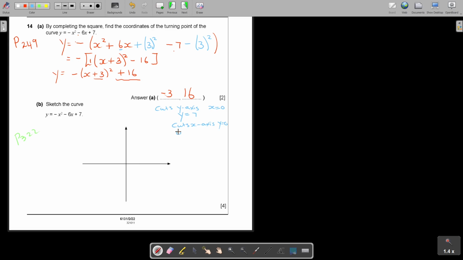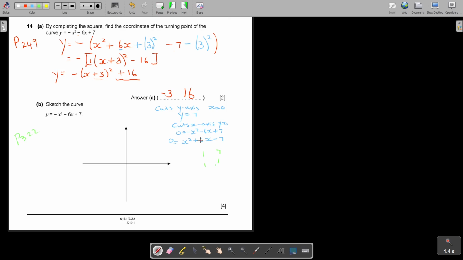So it's going to be 0 equals negative x squared minus 6x plus 7. Because it's 0, I can divide by negative all the way. So it's x squared plus 6x minus 7. Let's just get the factors. So it's going to be 7 and 1, and 7 minus 1 is 6.